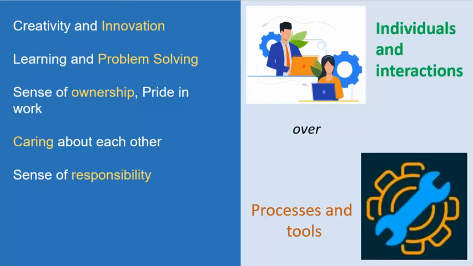You understand what is the value that the customer wants to get, and it's direct feedback. There are no barriers in the communication in between. That customer feedback reaches the product owner, reaches the project manager, and is talked about with the development team. There is no barrier in between.